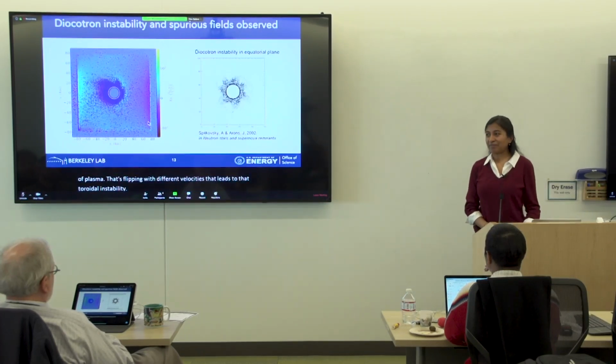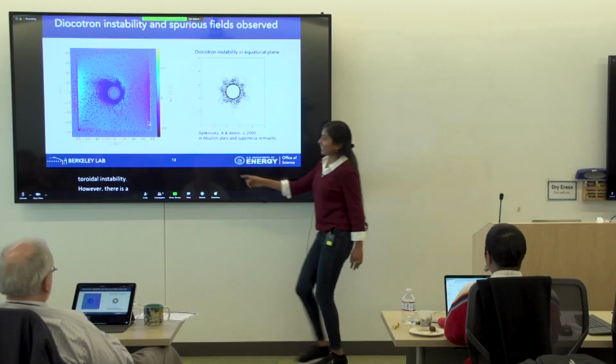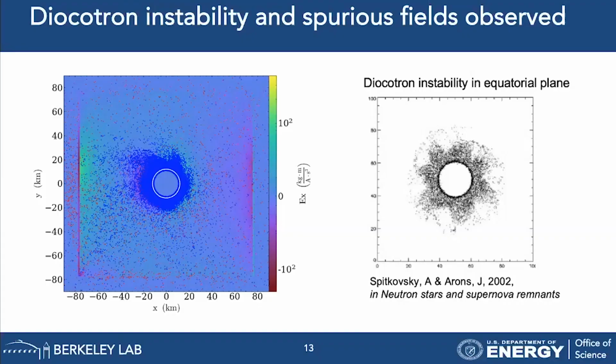However, there is a problem. If you look at the boundaries, we have spurious electric fields that have developed. This is a numerical issue, which we are currently resolving. Our guess, or intuition, is that as these charged particles are leaving the domain, they deposit their current and their charge on the domain, and that's not being damped out.